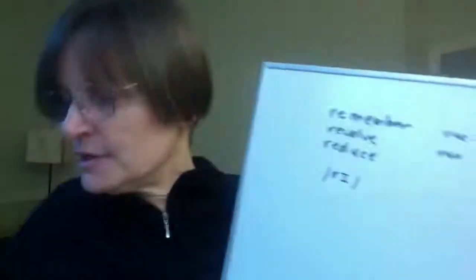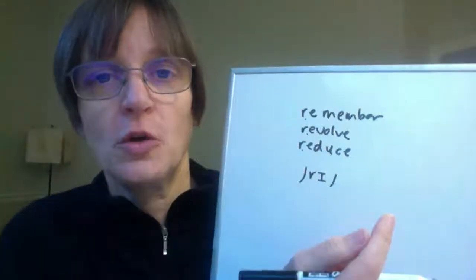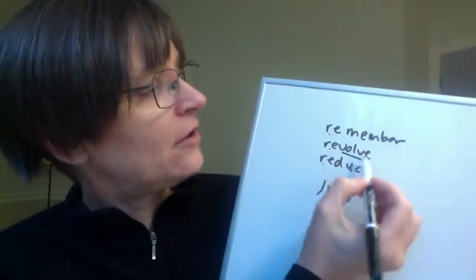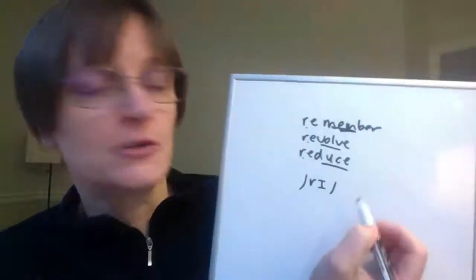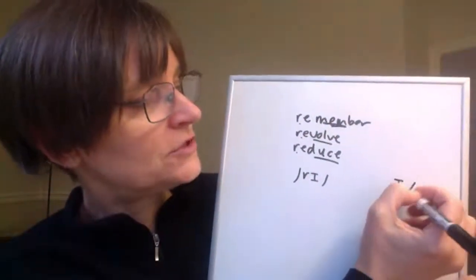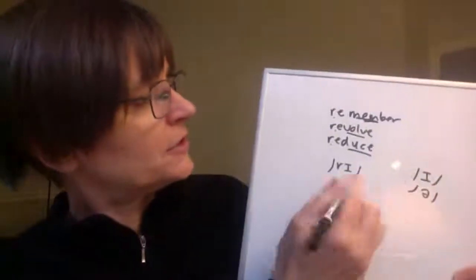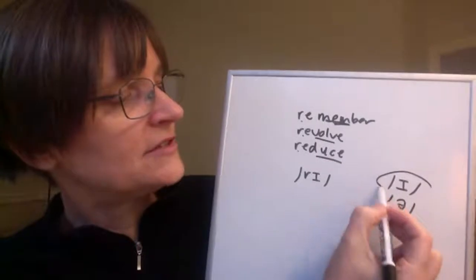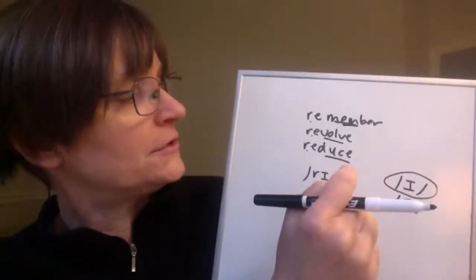"reduce." And in connected speech, one of the things that happens in longer words is that the stressed syllable gets the clear vowel, and the unstressed syllable gets a reduced vowel. So usually the unstressed syllable will have an I sound or an uh sound. So in this case, usually letter E in an unstressed syllable sounds like an I. Remember, revolve, reduce.